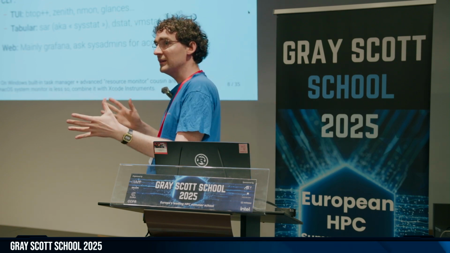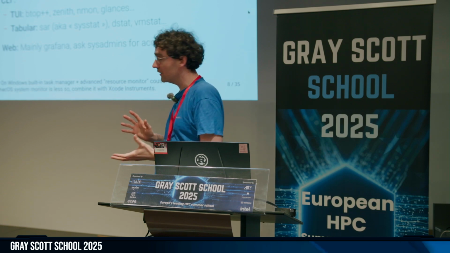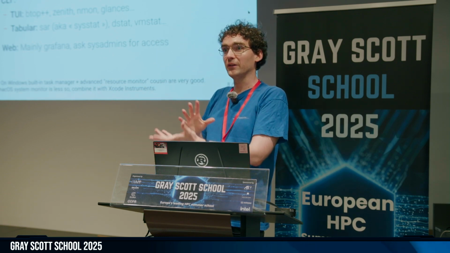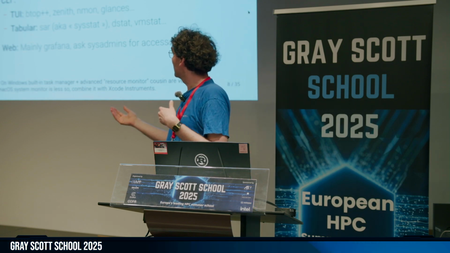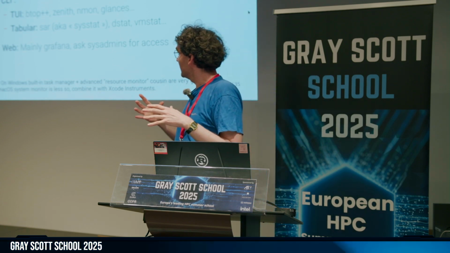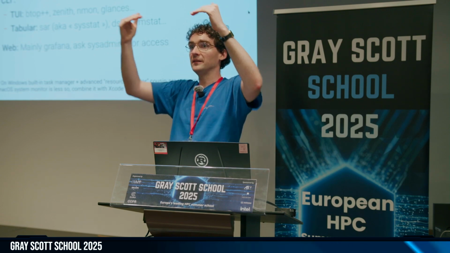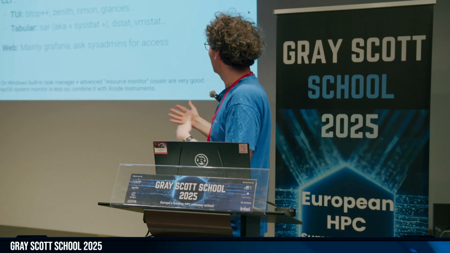And there are two basic kinds of system monitoring tools that you can use here. Those that try to imitate the appearance of graphical user interfaces, like btop, Zenith, and Glances. And those that try to use a more tabular format where they print a sequence of information one after the other, like sar, dstat, vmstat.